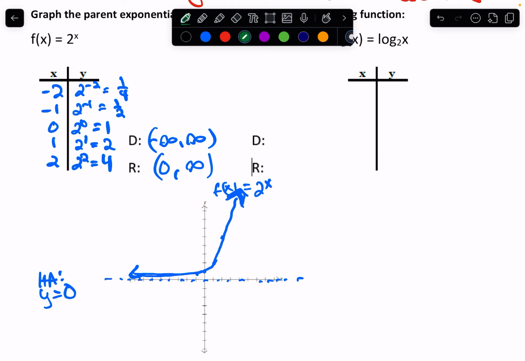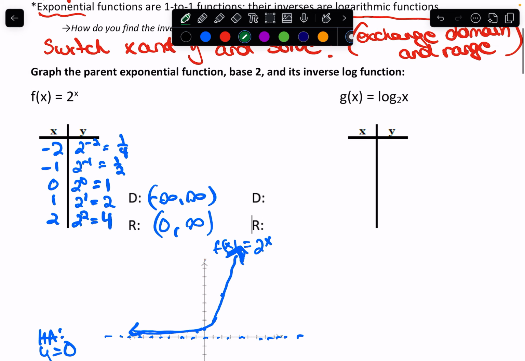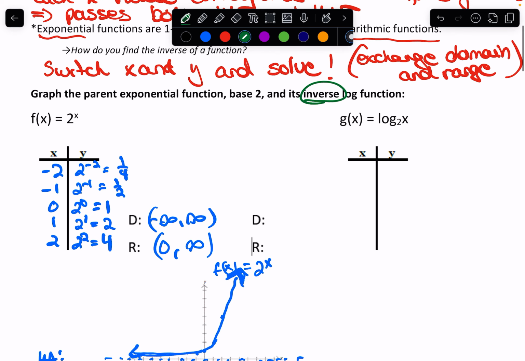Okay, let's look at the log base 2 of x. Now, what actually happens is that we're going to reverse, since we know that it's the inverse. Remember, over here, switch x and y.